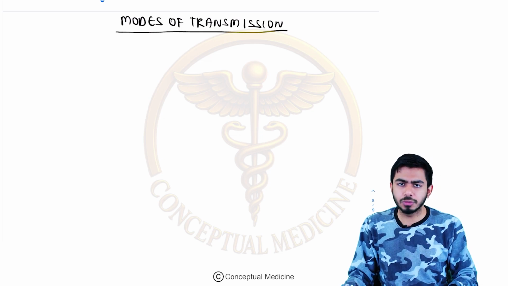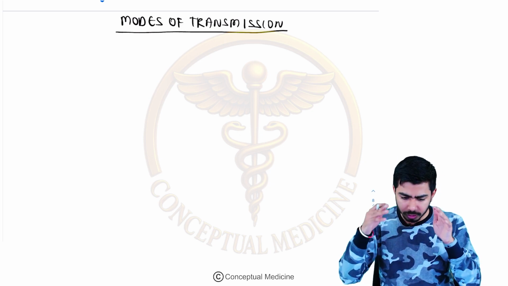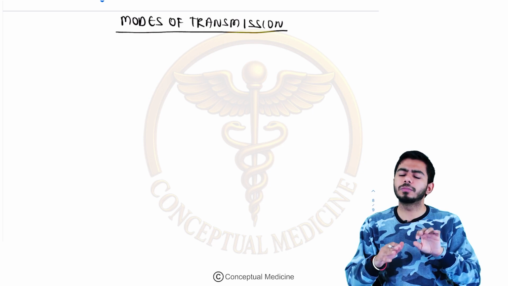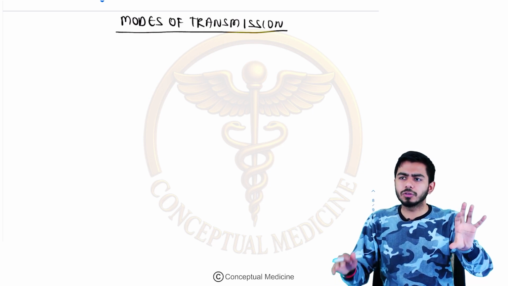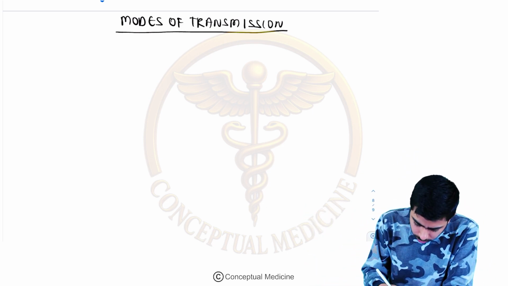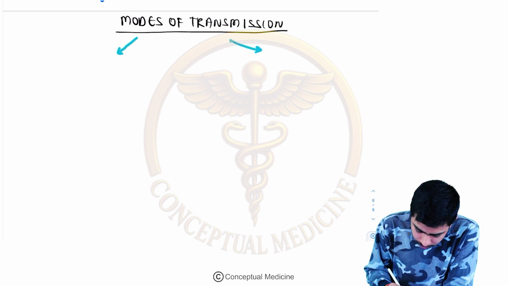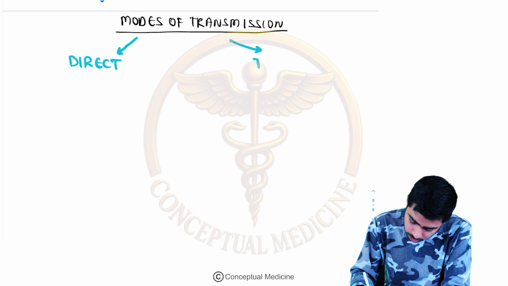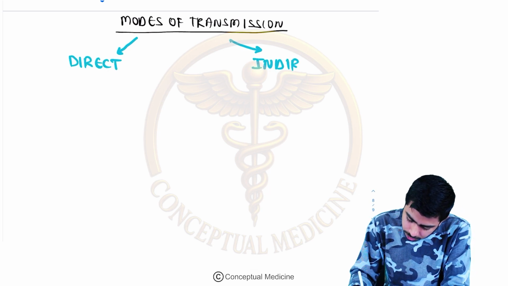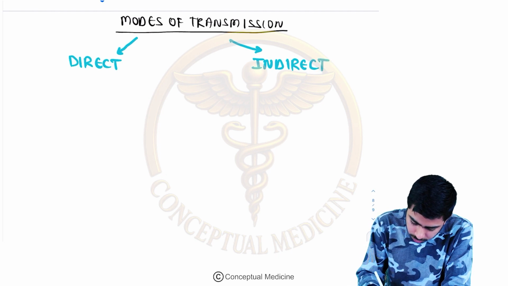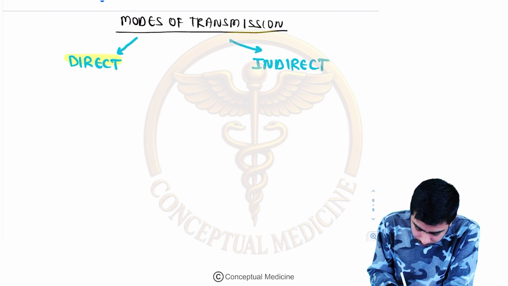So let's talk about the modes of transmission. Basically we have two important modes: one is the direct mode and the other is the indirect mode of transmission. Very important, guys.